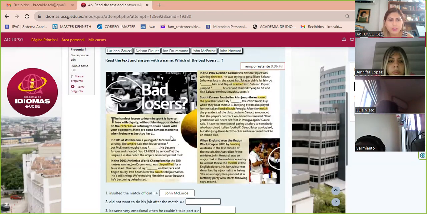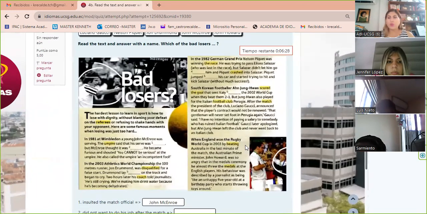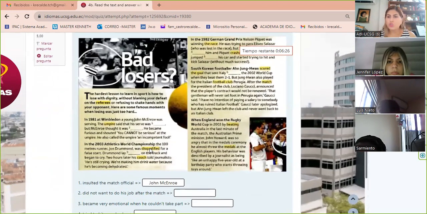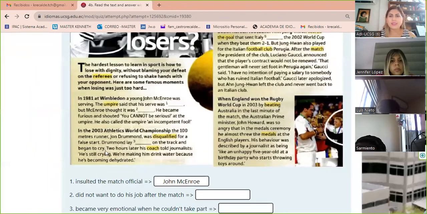So we have here John McEnroe, John Drummond, Nelson Piquet, and June 1 Wang, and we also have John Howard. Okay, so let's read it, and then we're going to find out the people. So could you please read, Jennifer, in the 2003 athletics, this part?